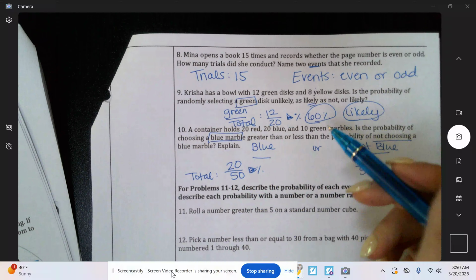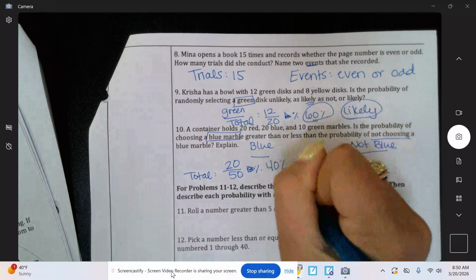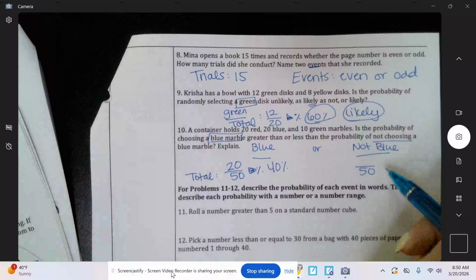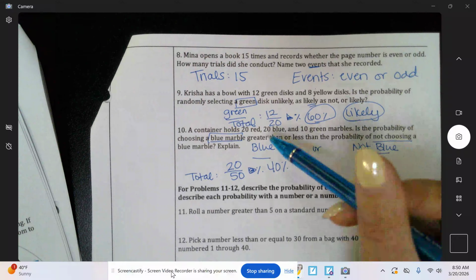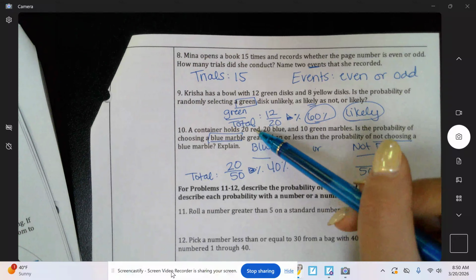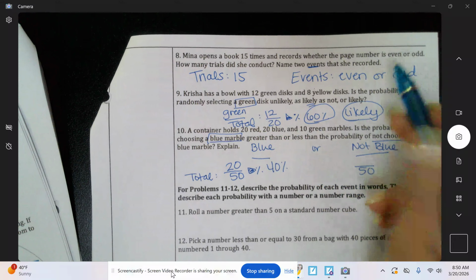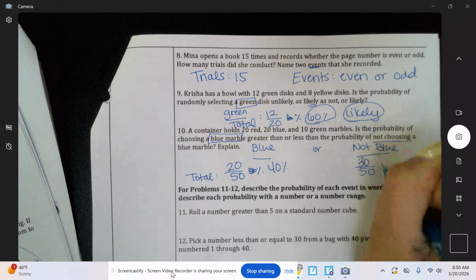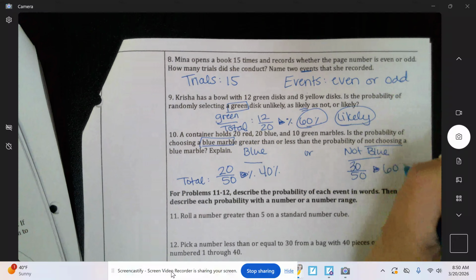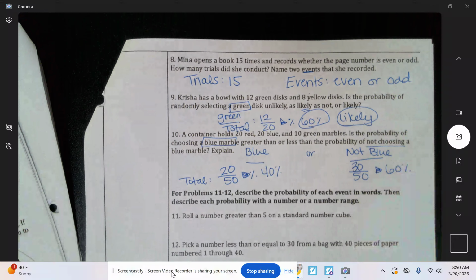I got 40. Okay. How many marbles are not blue? 30. Well, look at your colors. Red's not blue, right? So 20. Blue is blue, so we can't use that. And green is not blue, so there's a total of 30, which is what as a percent? 60%. Oh, I did something wrong. So, is choosing blue less than or greater than not choosing blue? Less than.